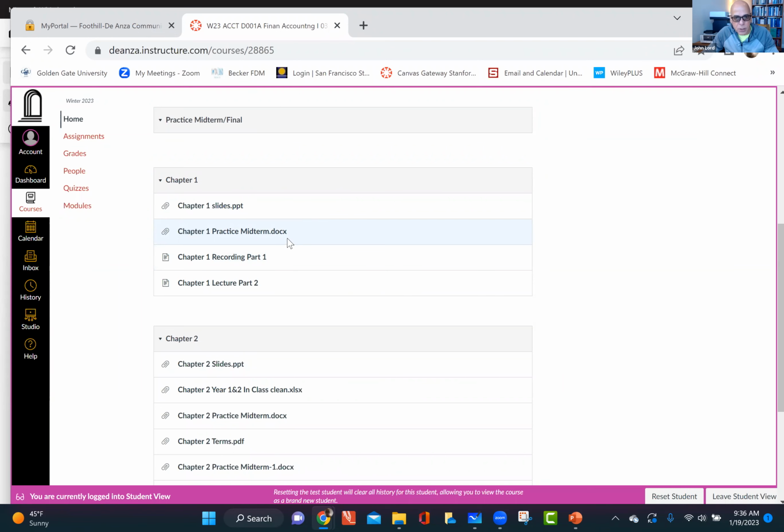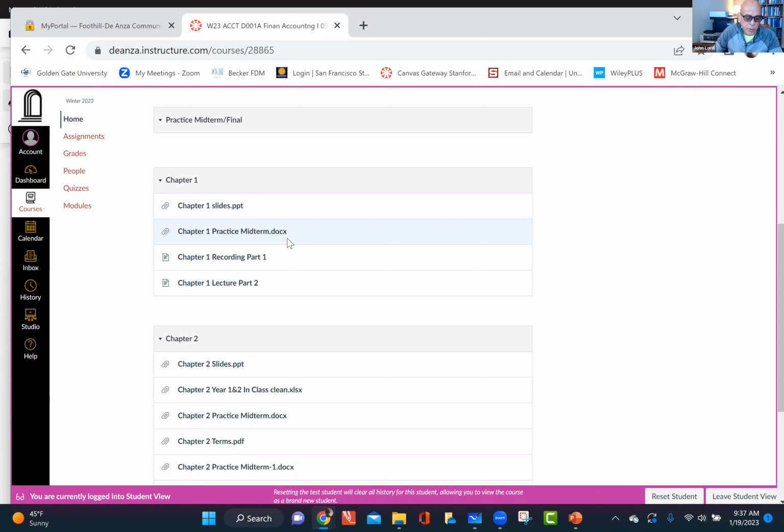Remember, the practice midterms are designed to start that process of understanding how you're going to be tested on this material and start to build your confidence in your ability to answer questions in the format of the exams. They will be multiple choice questions of the nature that you will see as we go through and look at those.